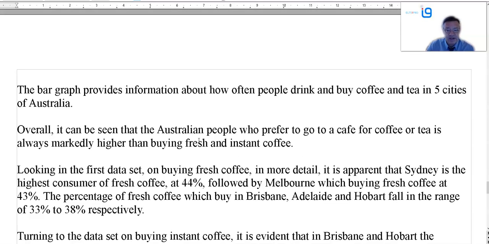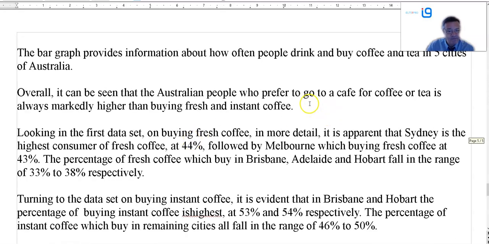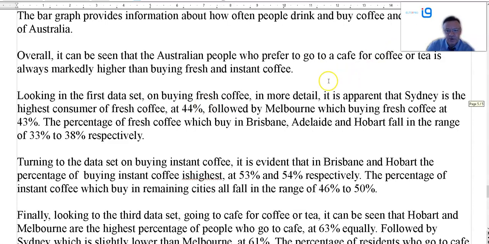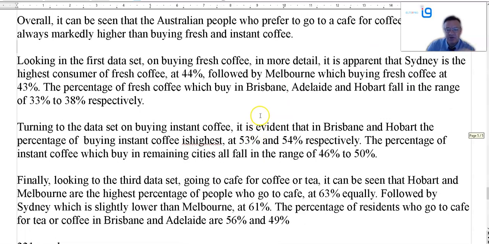"The bar graph provides information about how often people come in." Okay, that's good. "Looking at the first data set, fresh coffee, in more detail, 70 hours consume fresh coffee." So, right. Why would you say that the biggest is going to the cafe and then start at the bottom of the smallest?